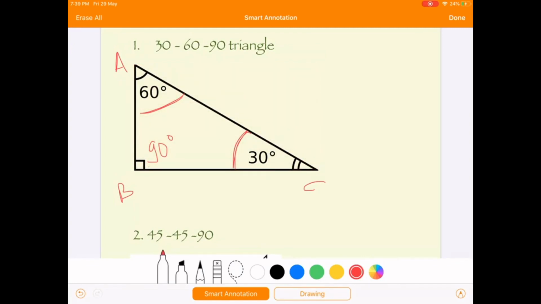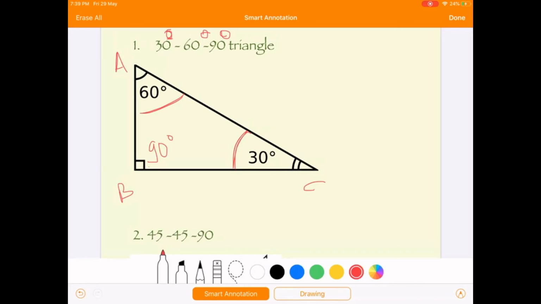So this is called the 30 degree, 60 degree and 90 degree triangle. We are going to study this triangle and its properties in more depth in the next video lecture of Pythagoras theorem.